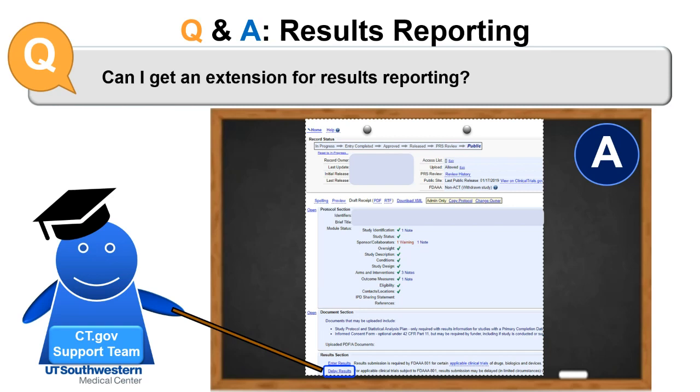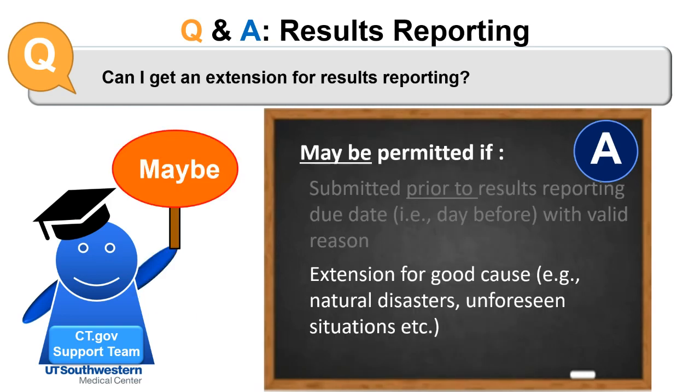The responsible party can submit the extension request in the ClinicalTrials.gov Protocol Registration and Results System, that is the PRS system, as shown here. The regulation permits a responsible party to request an extension of the deadline for submitting clinical trials results information for good cause.